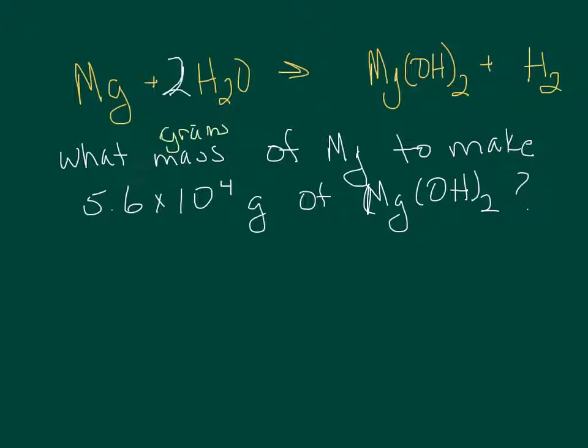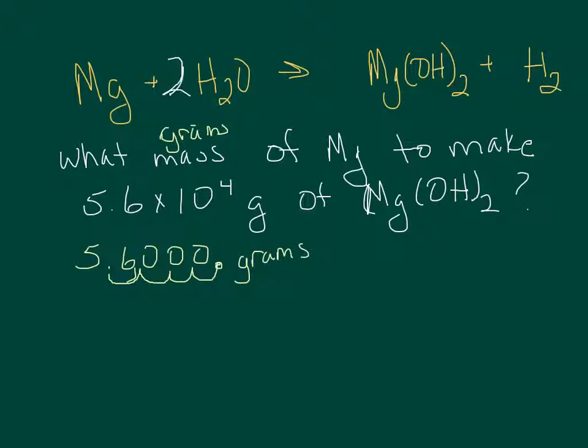I need to multiply 5.6 times 10,000. Well, the easiest way to do that is to move the decimal 4 places. 1, 2, 3, 4. Fill in with my zeros, add my comma, and now I have 56,000 grams.